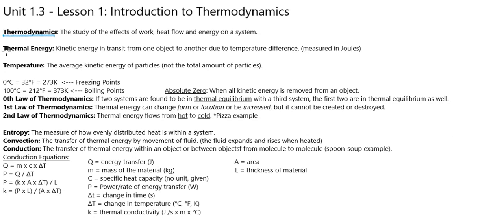Then thermal energy. It is kinetic energy in transit from one object to another due to temperature differences, and this is measured in joules. Remember, joules has a J for its symbol, and this font makes the J's terrible because it doesn't have the thing on the top, and I've said that in a different video.